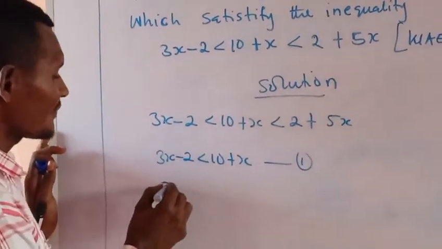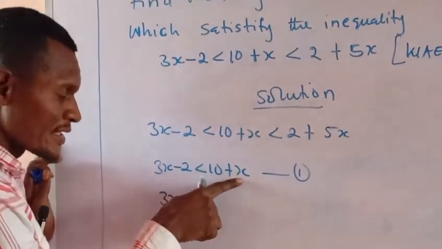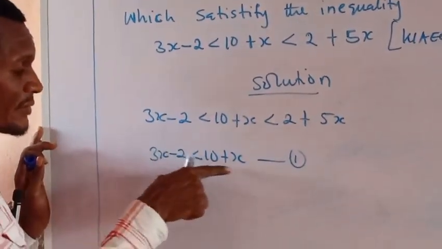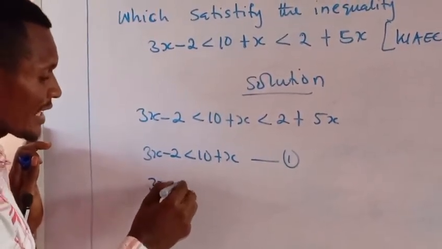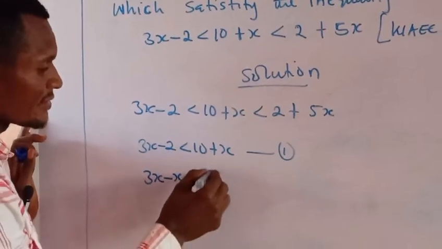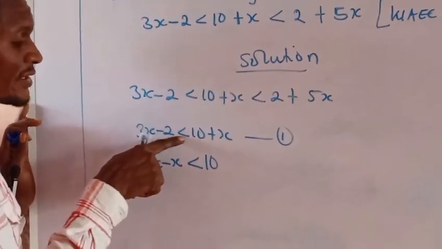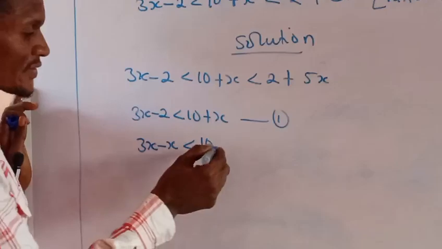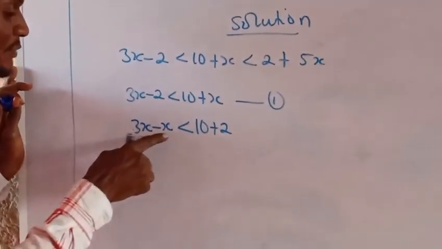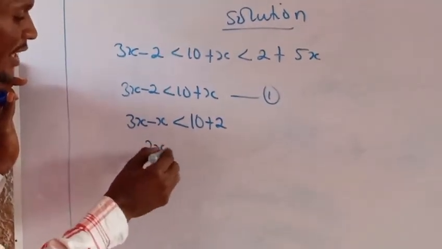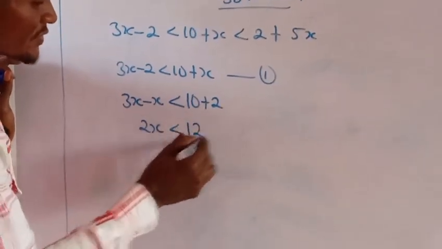So we have 3x, and when the +x comes to this side, the sign changes: 3x - x < 10. This is -2, and when it crosses the inequality sign, it becomes positive, so that is +2. So 3x - x gives us 2x, less than 10 + 2, which gives us 12.